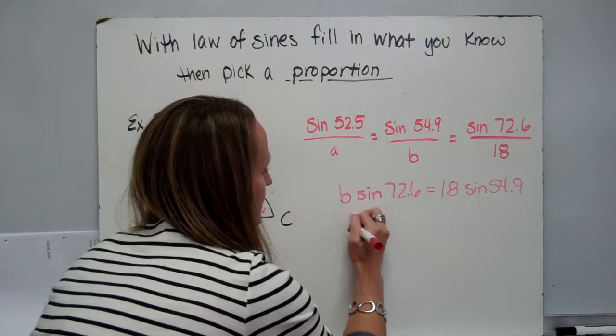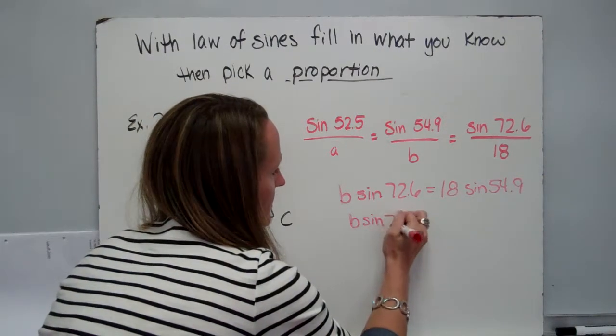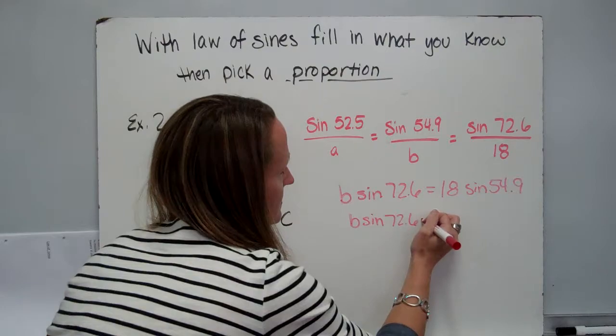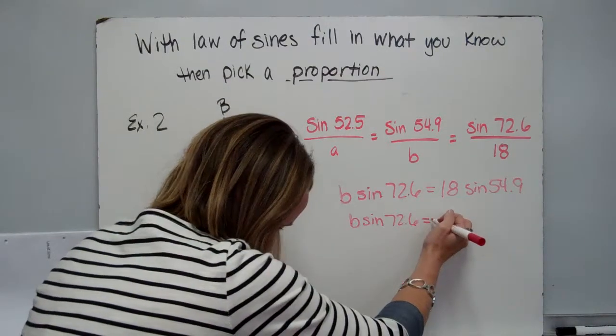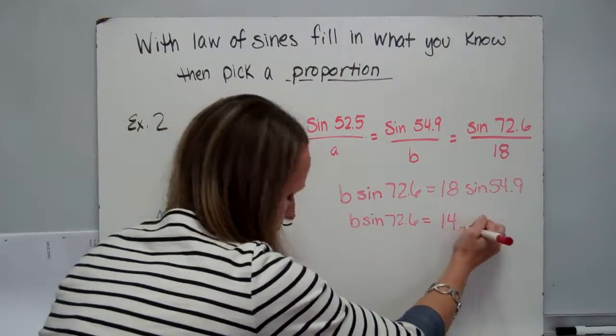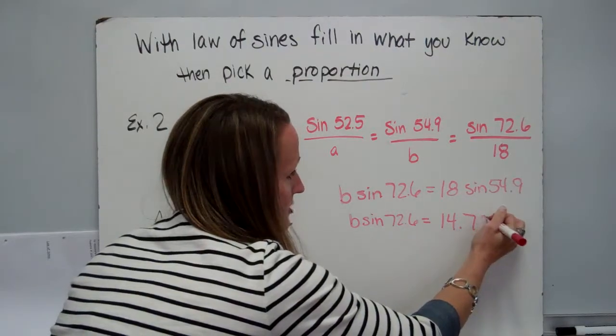Now we have B sine of 72.6 equals 14.72.